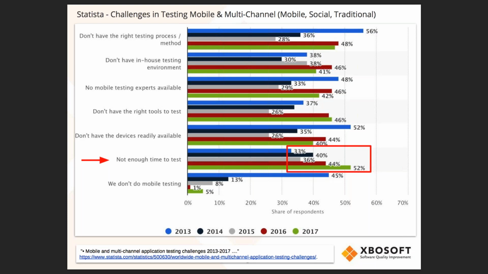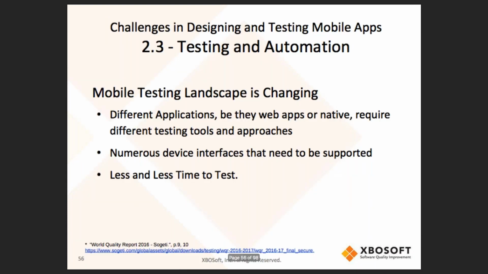And they're almost all the items, with the exception of 'we don't do mobile testing', exceed 40%. So the mobile testing landscape is changing. Different applications, be they web applications or native, require different testing tools. Numerous device interfaces need to be supported, and there's less time to test.